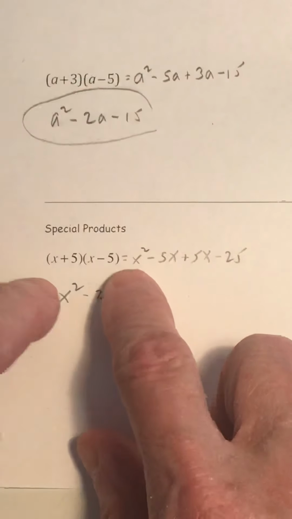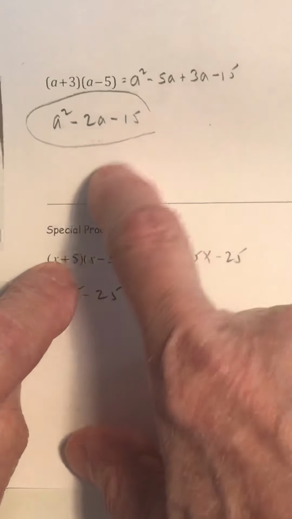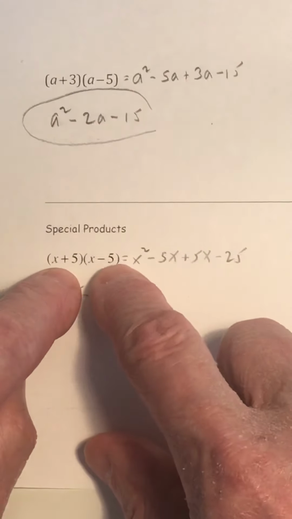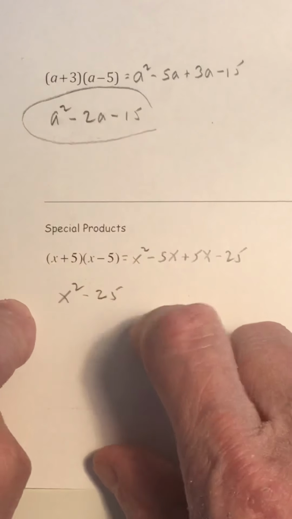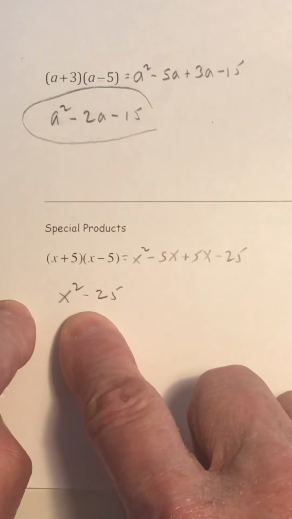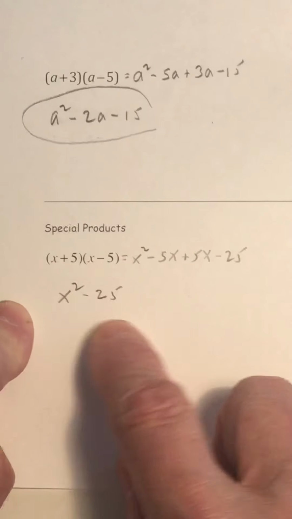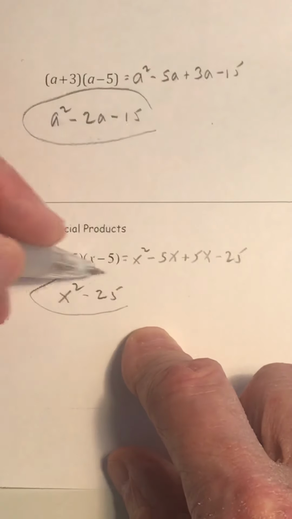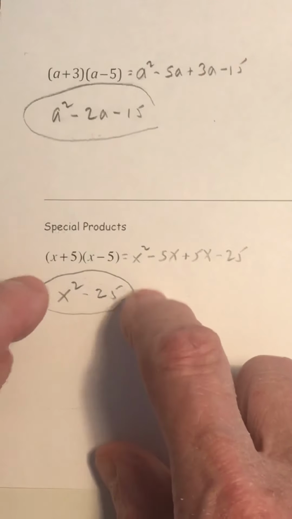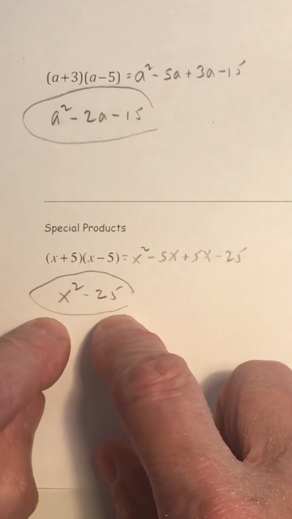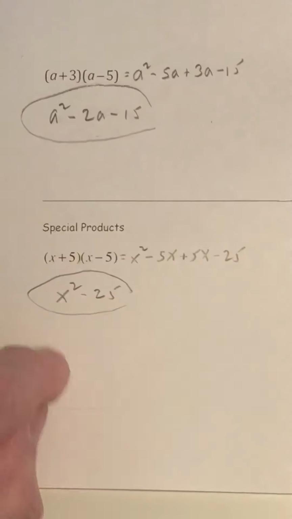And look, if we did the same thing as we did above, add these together, 5 and negative 5, you get 0. So 0x in the middle. We don't bother to write 0x, it's just 0. What's special here is we get a 2-term answer because the middle parts cancel.